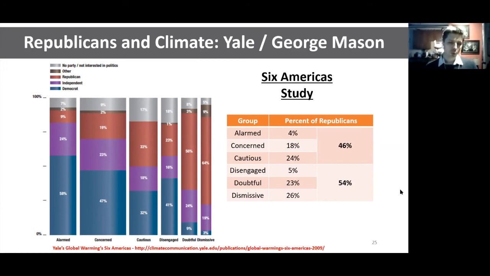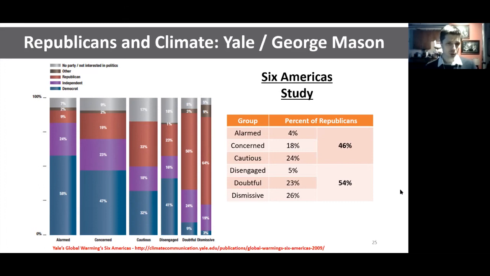So the width of each of these bars represents the percentage of the country, or in terms of polling where people are. So you can see the concerned group is the largest, and obviously the color bars represent the party that they're in.